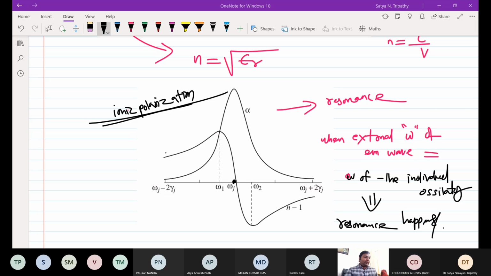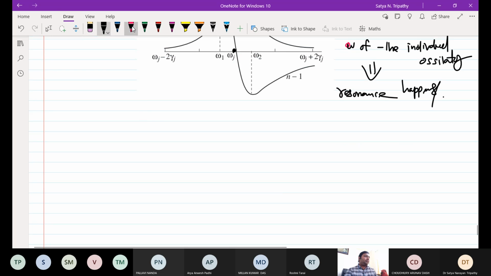Is there any doubt you can ask me? No, sir. This one I have taken the reference from Griffiths book, and the page number is, let me check, 417.